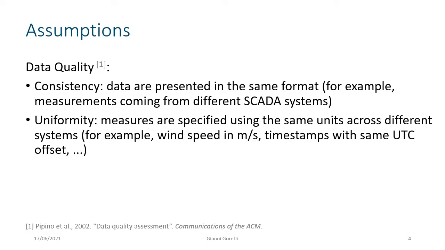They have to be all in the same format, and the data are uniform, so all the measures are expressed in the same unit. So for example, wind speed in meters per second, timestamps have the same UTC offset, power is expressed all as normalized values.